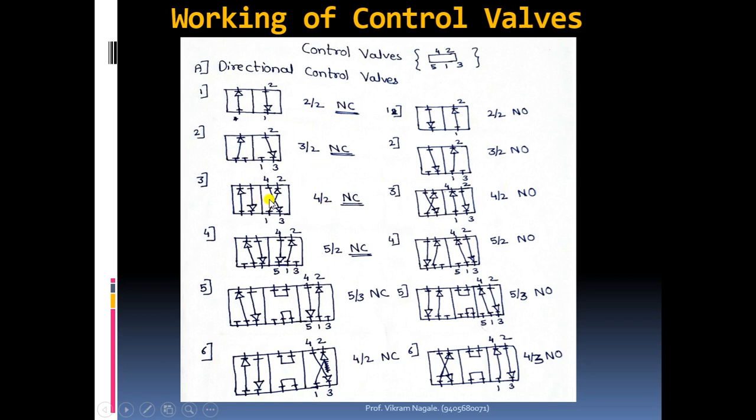That I will tell you later, whenever we will be discussing the working of the double acting cylinder, then we'll mention this requirement for the valve. Now here this is a 5 by 2, means 5 ports are there in one block and such two positions are there.